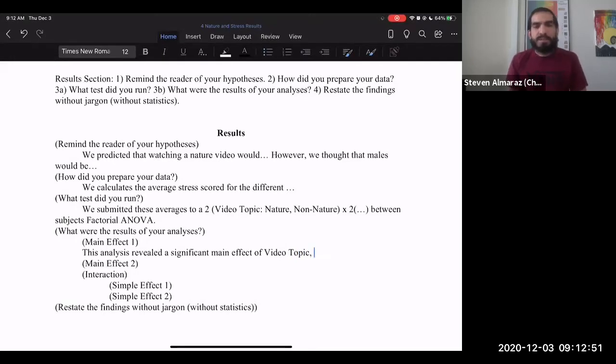I'm going to toss in some statistics that show that. I need an F value with some degrees of freedom, and I need a P value. F and P should be italicized.